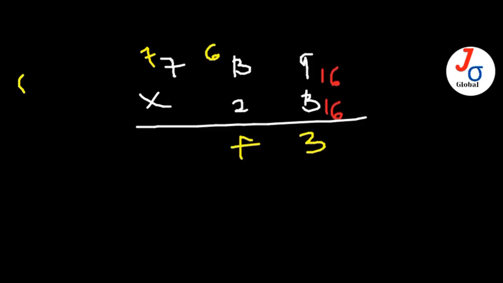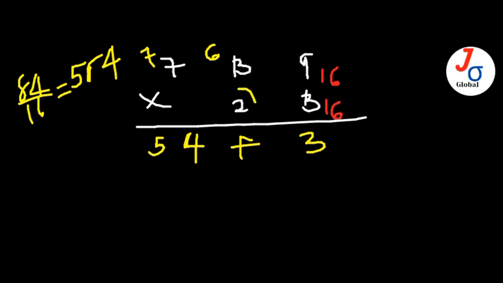So 84 divided by 16, what I get is 5 remainder 4. Since that's the last digit, I'm going to write 5 and then 4.